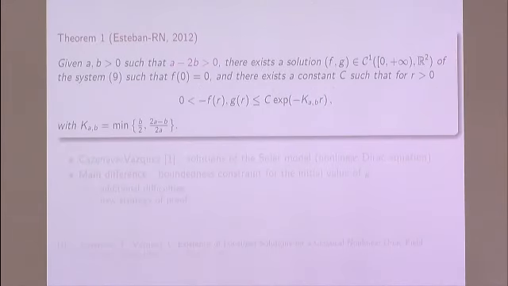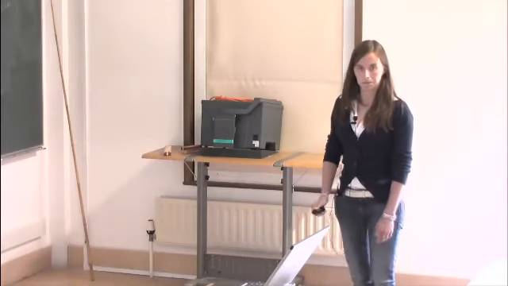The result that we obtain in this spherically symmetric case is the following theorem, which asserts that if A is bigger than 2B, then there exists a solution of the system such that F0 is equal to 0 and such that F and G satisfy this inequality. That implies that F and G go to 0 as r goes to infinity.